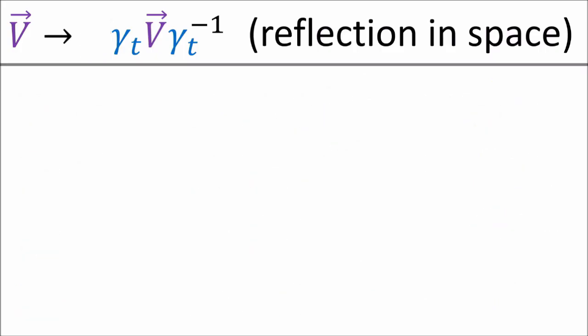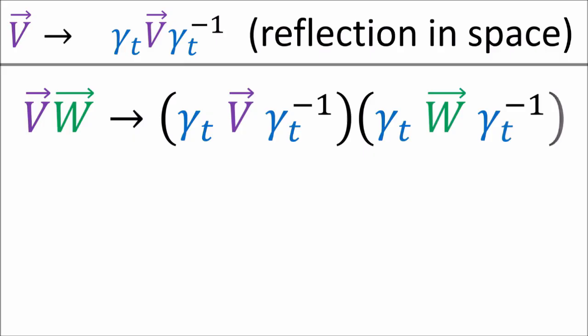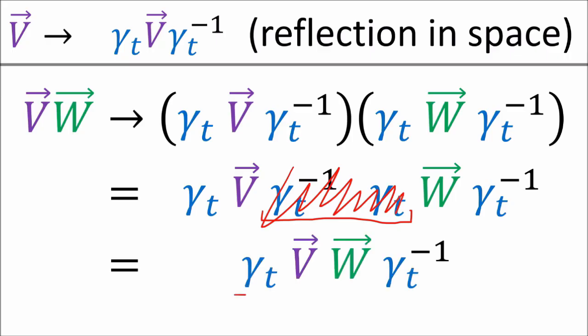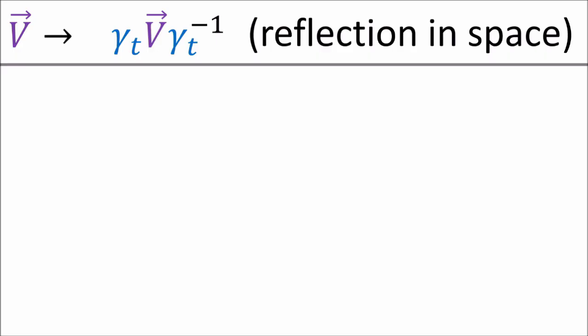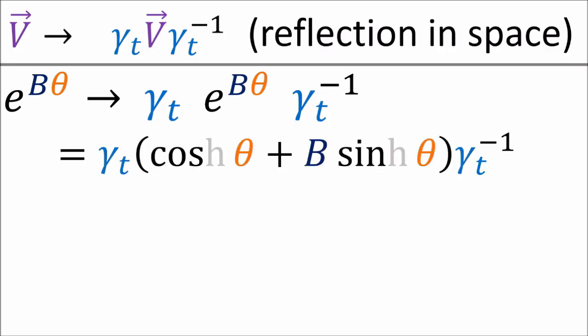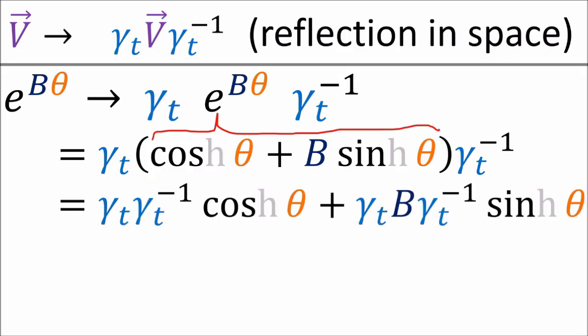This applies for parity transforming vectors, but it also applies for parity transforming bivectors. If we conjugate both of the vectors inside a bivector, the inner parts will cancel. So this is the same as just conjugating the bivector itself. In fact, if we take an exponential of a bivector and conjugate it with gamma t, if we rewrite the exponential as a cosine plus the bivector times sine, we can distribute the gammas on either side to both terms.